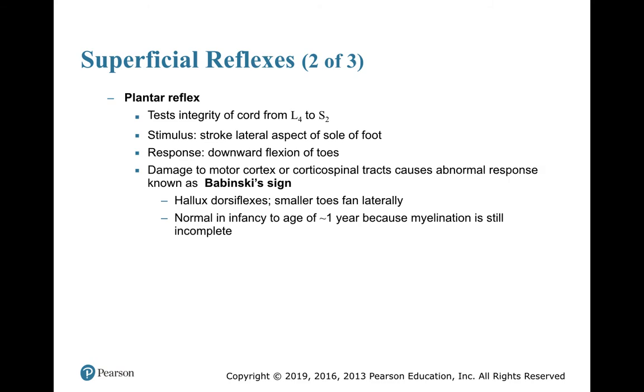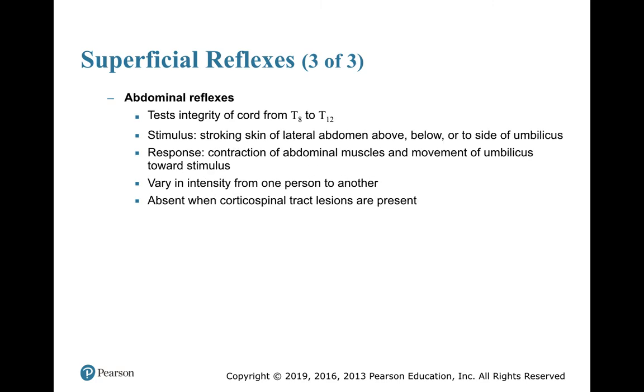Now, Babinski's sign is abnormal in anyone over the age of 3 or so, but it is normal up until the age of 1 because until that time, the fibers are not myelinated, so they don't respond the same way. So Babinski's sign is expected in someone less than a year old. It's abnormal in adults.